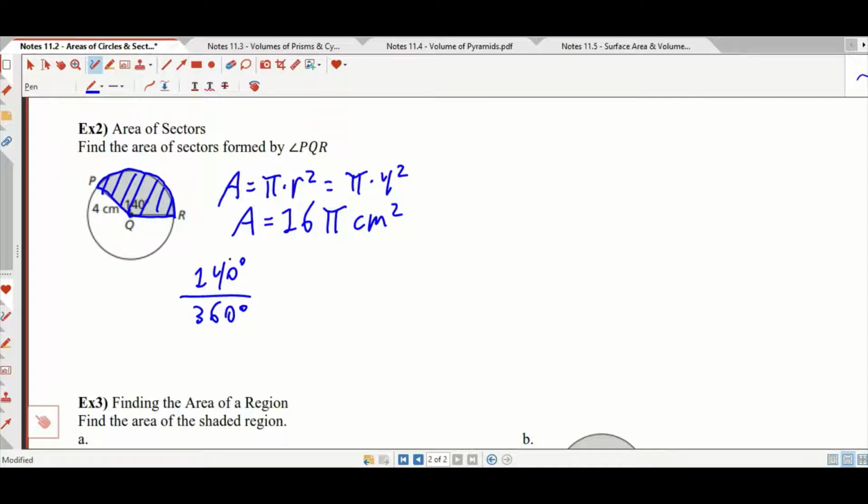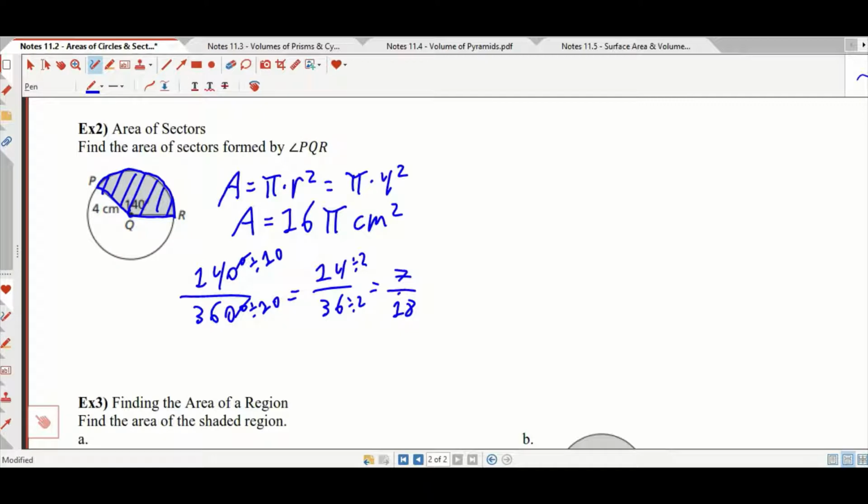So 140 over 360, we can reduce by 10. Also, those degrees divide out, and that's going to give me 14/36, reduced by 2, I'm going to get 7/18. Yeah, 7/18.